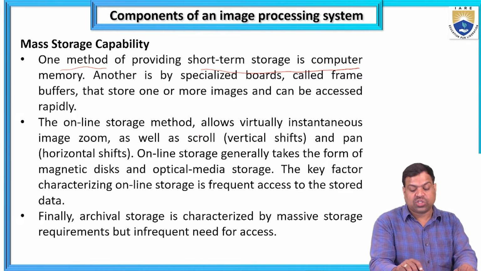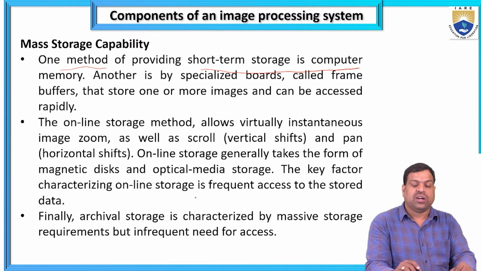Online storage allows virtually instantaneous image recall, with zoom as well as scrolling, vertical shift, and pan, horizontal shift. Online storage generally takes the form of magnetic disks, like floppies, pen drives, and optical media storage. The key factor characterizing online storage is frequent access to the stored data.